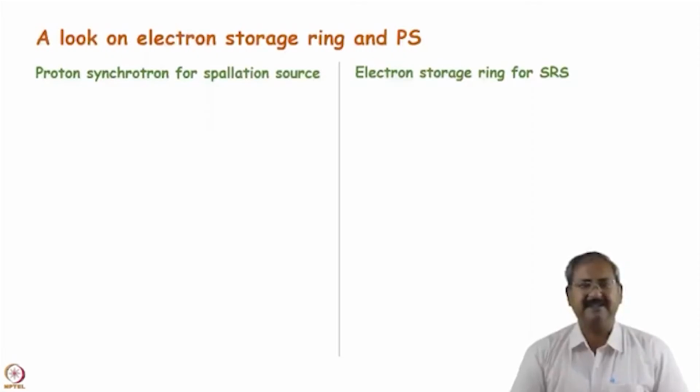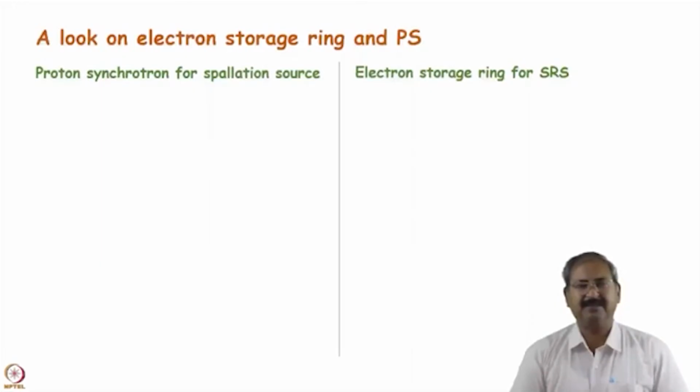We have seen in an example that even a 1 GeV electron beam has a gamma of 2000. So 1 by 2000 square gives you a very small effect. While in the case of proton at 1 GeV we have gamma of only 2, so 1 by 4. So this makes a difference, and that's why space charge forces are almost absent in the case of electron machines.